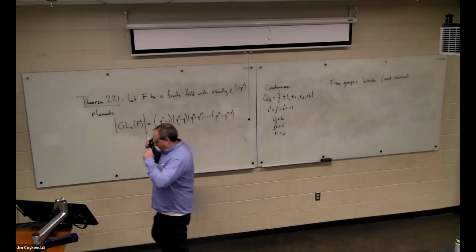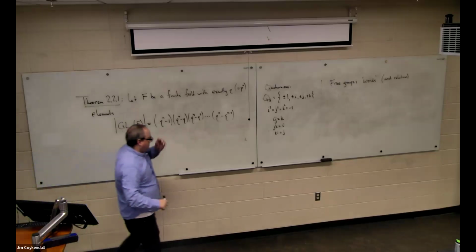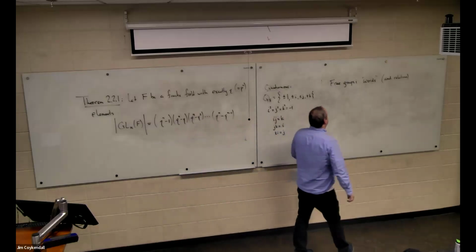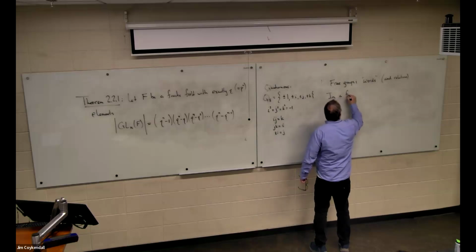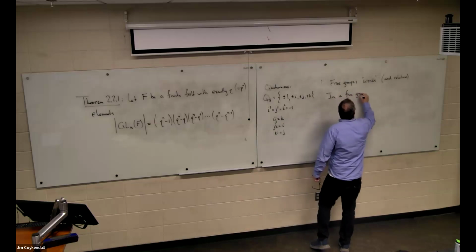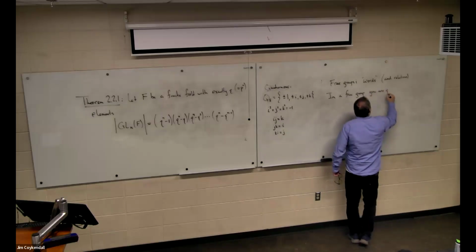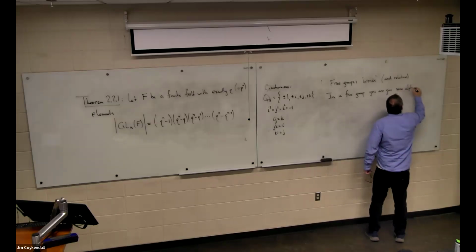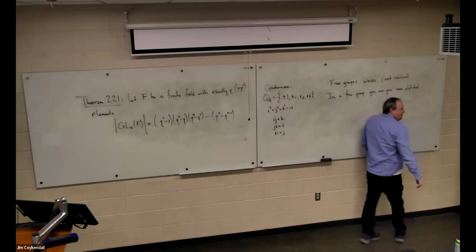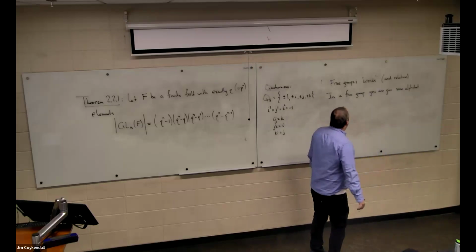We have this notion called a free group, which we might talk a little bit about later. I just want to acquaint you with this. In a free group, you are given what I'll call an alphabet, a collection of symbols. It doesn't matter what they are, X1, X2, whatever.